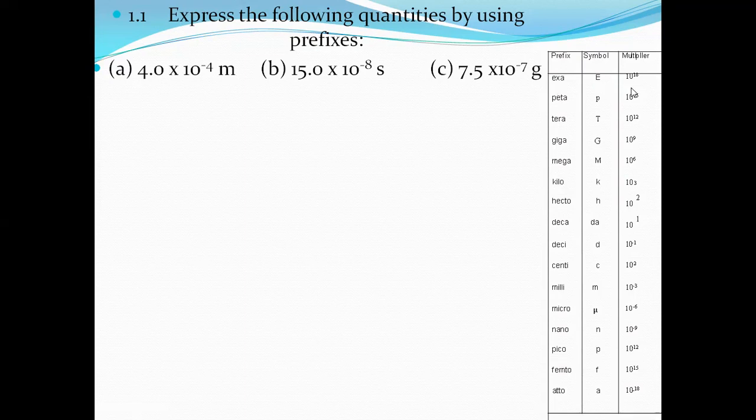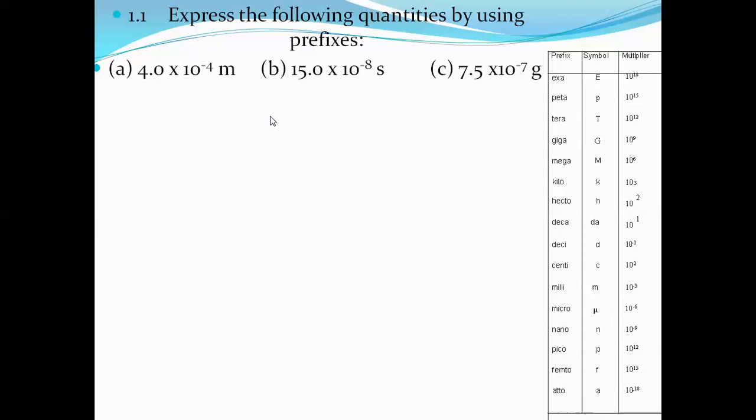Like exa, we can write instead of 10 to the power 18, peta instead of 10 to the power 15, tera 10 to the power 12, giga 10 to the power 9, mega 10 to the power 6, kilo 10 to the power 3, hecto 10 to the power 2, deca 10 to the power 1, deci 10 to the power minus 1, centi 10 to the power minus 2, milli 10 to the power minus 3, micro 10 to the power minus 6, nano 10 to the power minus 9, pico 10 to the power minus 12, femto 10 to the power minus 15, and atto, which is 10 to the power minus 18.